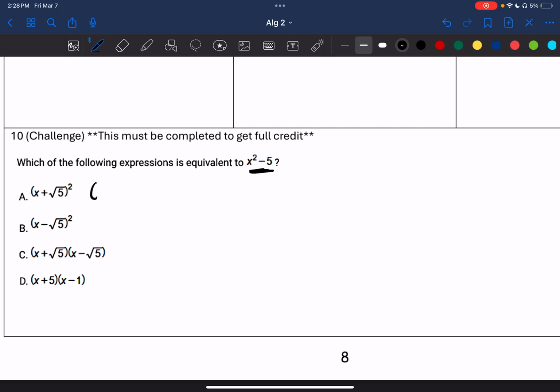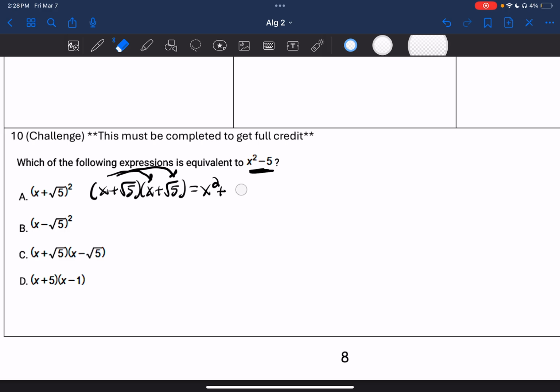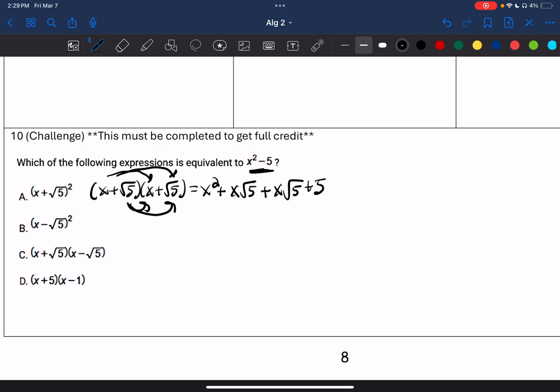So if we look at the first one, x plus root 5 times x plus root 5, we're going to do x times x, x squared, plus x times root 5. And this one, we're going to do x root 5 plus root 5 times x, so plus another x root 5, and root 5 times root 5 plus 5.